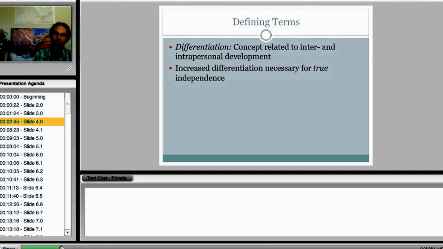Now, he also noticed that at times the cell begins to separate from that original cell and never fully detaches. It just becomes this tumor on that original cell. And Murray noticed that that's also similar to adolescent development. Some adolescents, at the appropriate time, begin to separate in healthy, appropriate ways from their family.